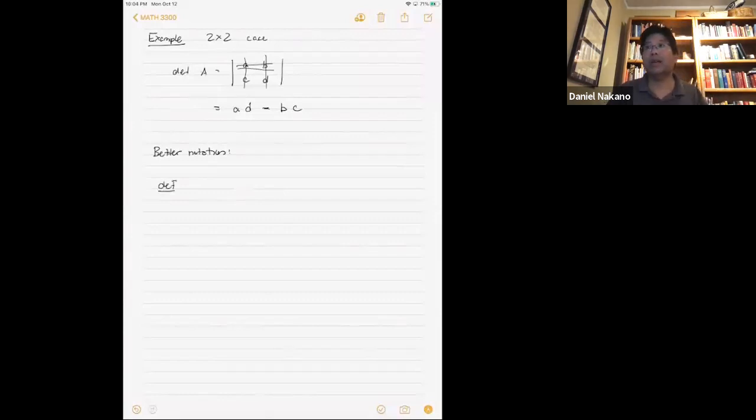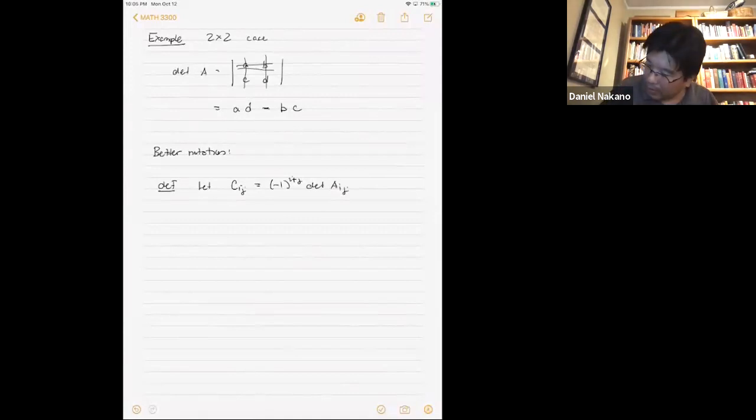I want to put the minus signs inside of the definition. So let Cij be equal to (-1)^(i+j) times the determinant of Aij.